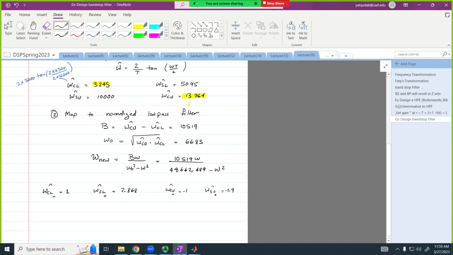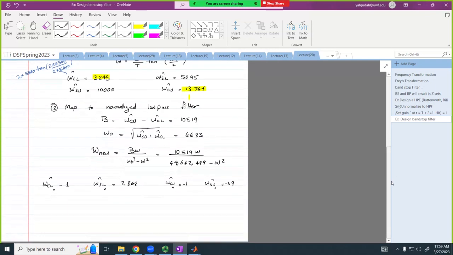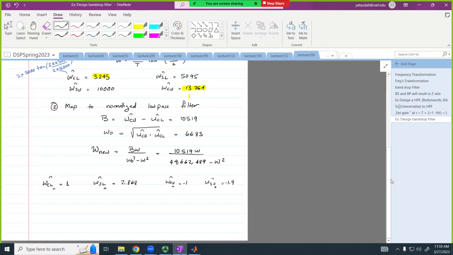So you see what happens here? Now we have two sets of frequencies. We have this and we have this. Which one of these is tighter? The one on the right. Isn't it? This is 1.8, this is 0.9.